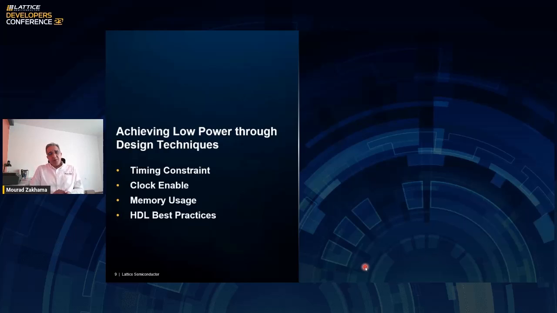So on top of these architectural or strategic decisions that we made to improve power natively, there are also other things that you could do in the design to achieve low power through some design techniques. We're going to cover some of these: timing constraints, clock enables, memory usage, and HDL best practices.